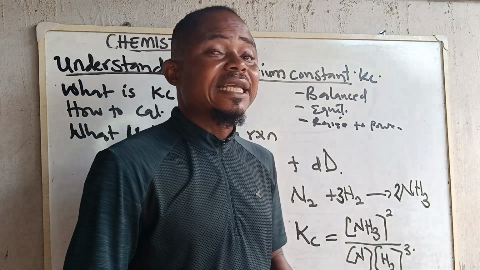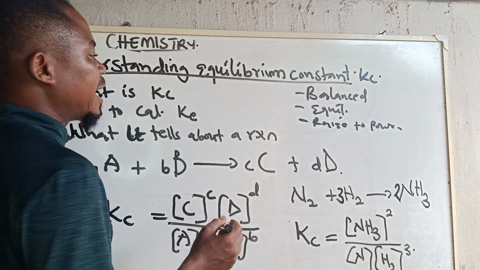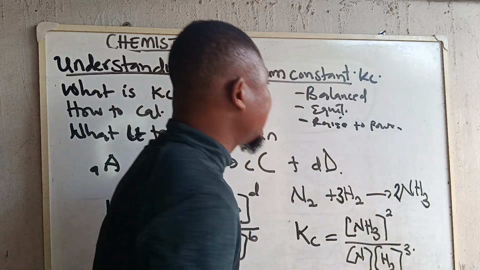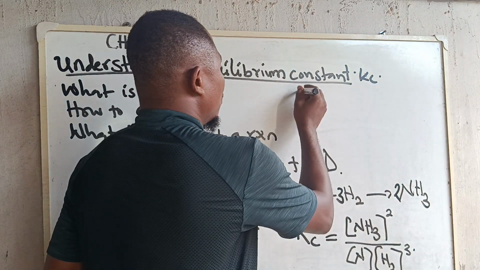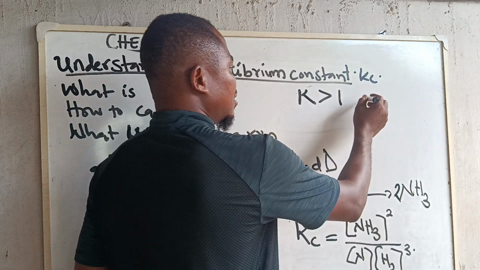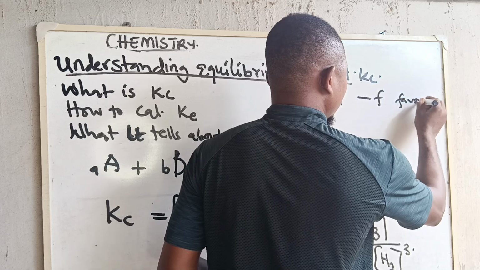Now, what does the Kc tell us about the reaction? When Kc is greater than 1, the forward reaction will be favored.